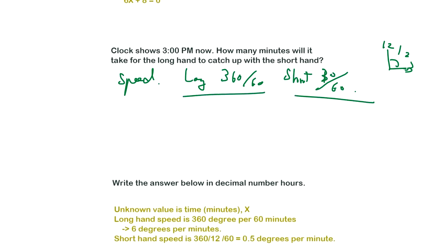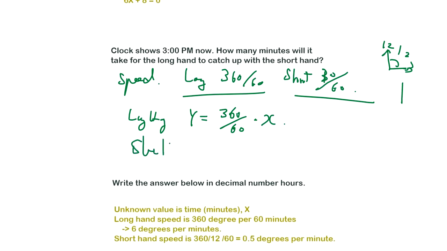So once you know the speed, for the long hand, how many degrees is it? The long hand at 3 p.m. starts at 0, so 360 times minutes.